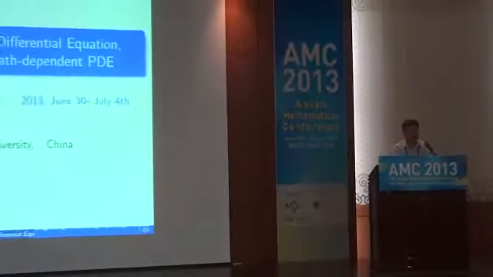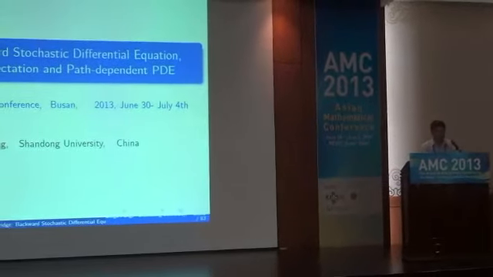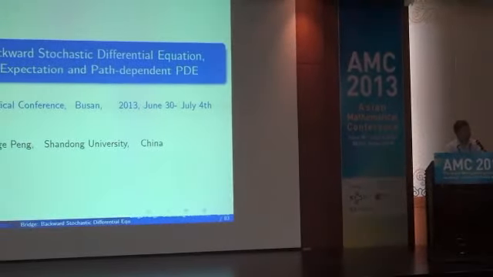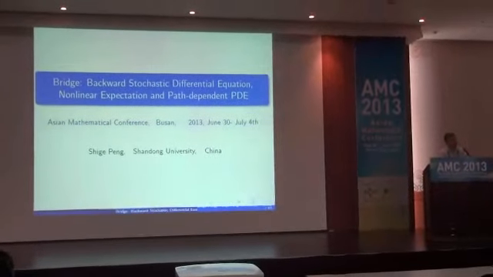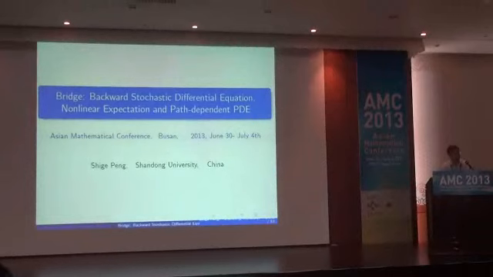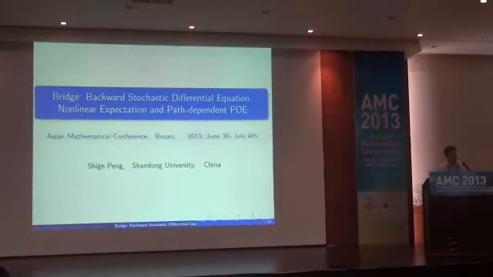The talk is about the backward stochastic differential equation, which we call BSDE, and nonlinear expectation. Recently we gave a bridge between the two, which is nonlinear PDE, a PDE which is not Eulerian but path-dependent PDE.